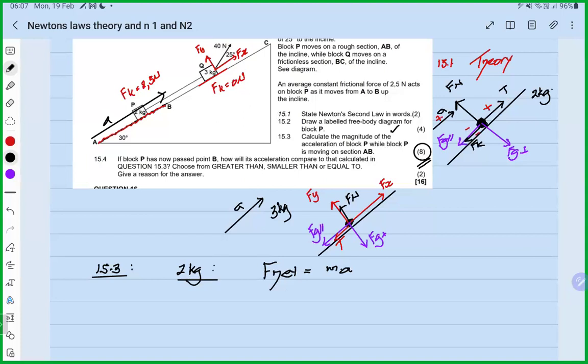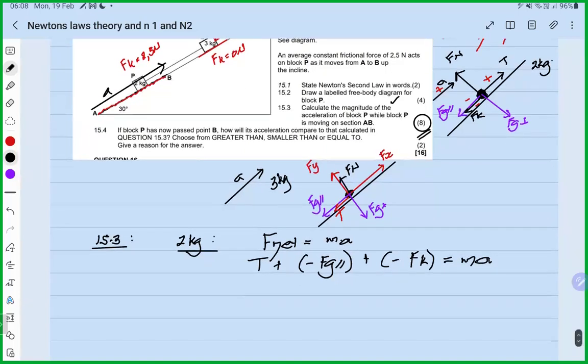Your F net there is going to be T minus Fg parallel minus your kinetic friction equals ma. Your tension minus mg sine theta minus the kinetic friction equals ma.